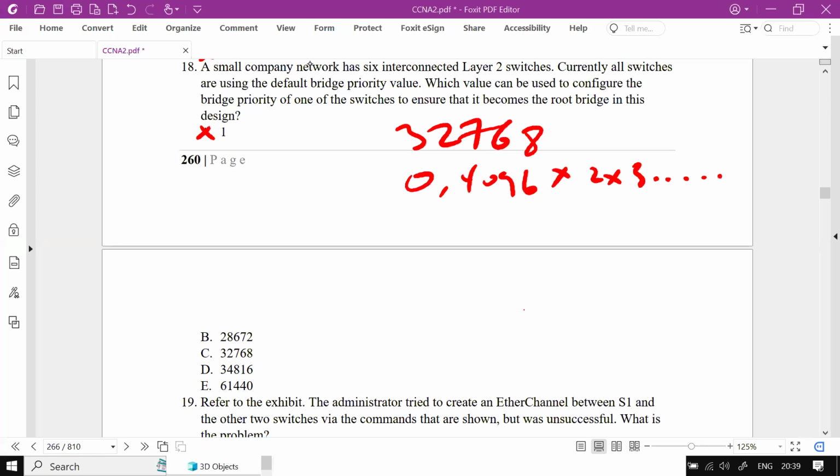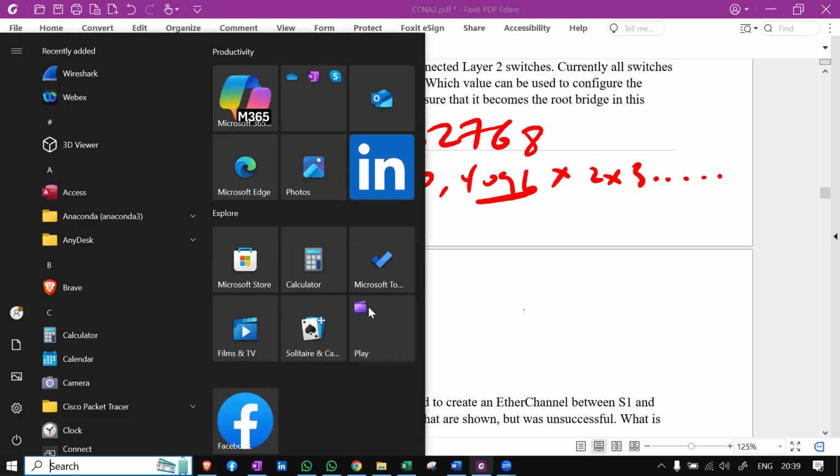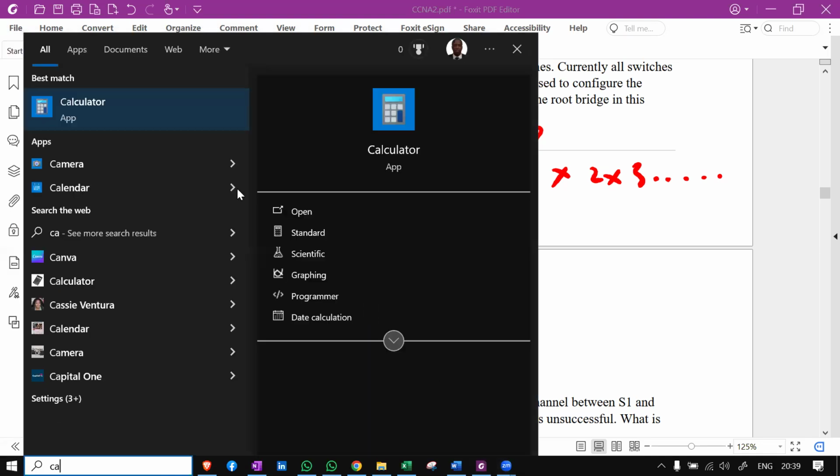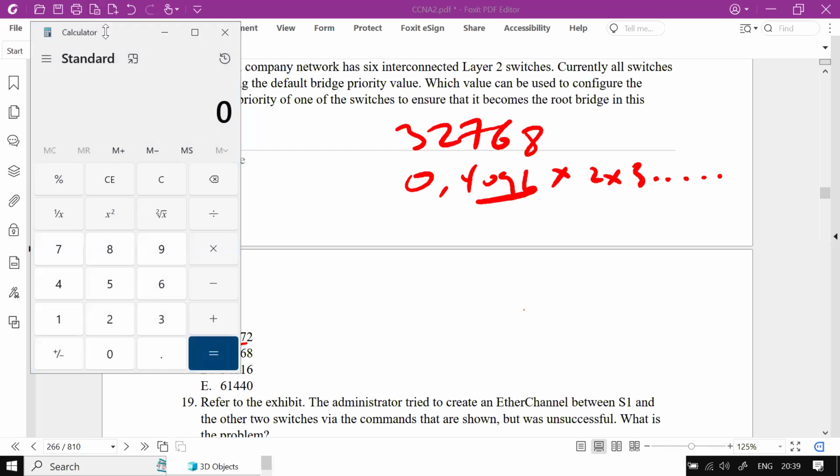So the answer is B. Why B? The answer here is a value which is a multiple of 4096. So let me see, the calculator here again. The answer here is a value which is a multiple of 4096.